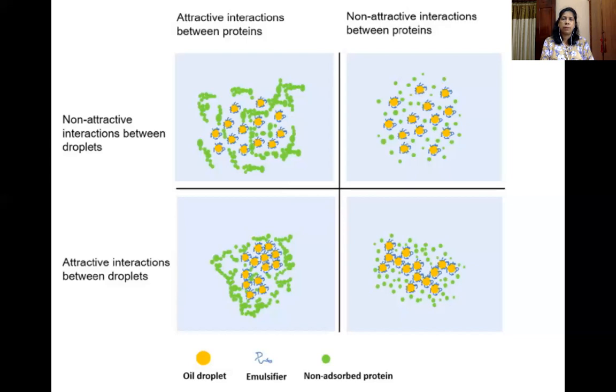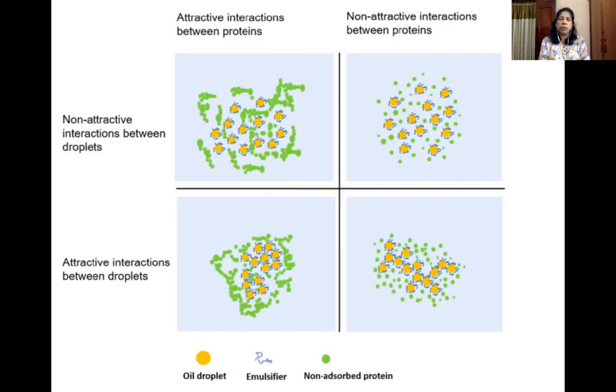In the top left corner, you can see how it works if there is non-adsorbed protein as well as emulsifier proteins and oil droplets. The other one is non-attractive interaction between proteins. Again you can see the green non-adsorbed proteins, but the emulsifiers are surrounding and working very nicely with the oil droplets.